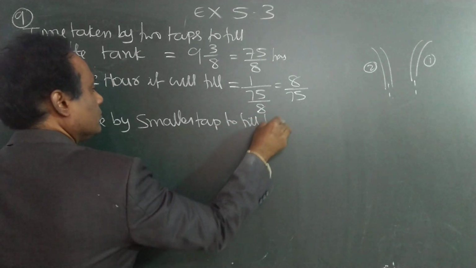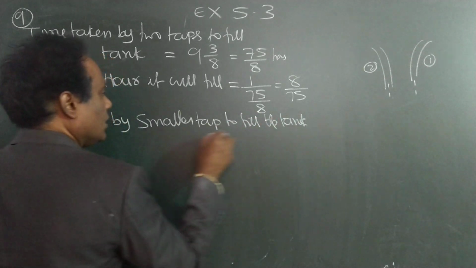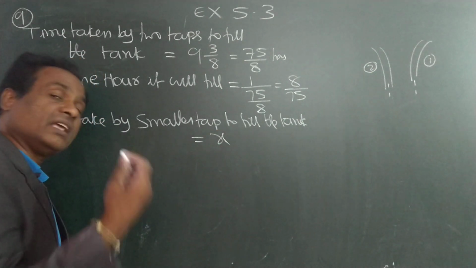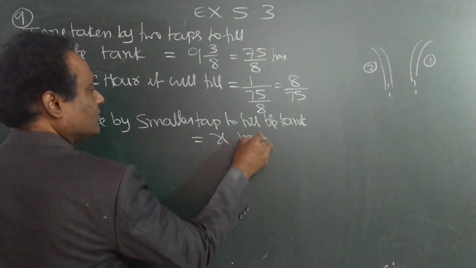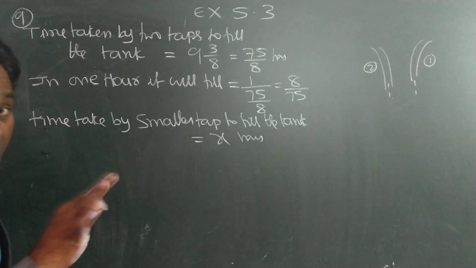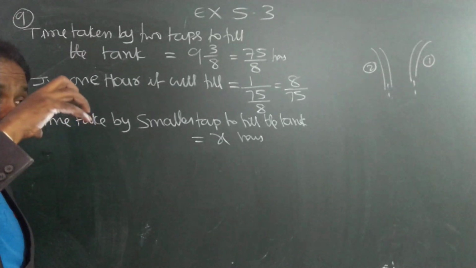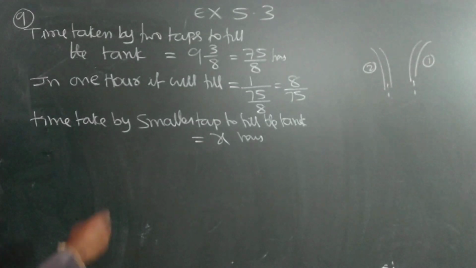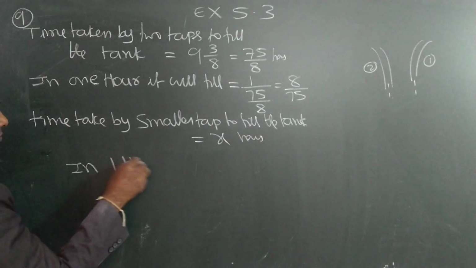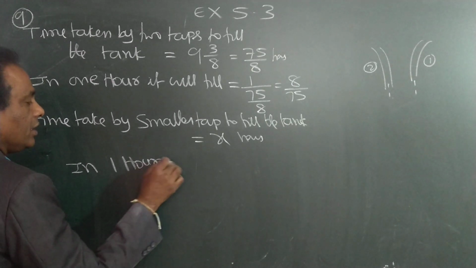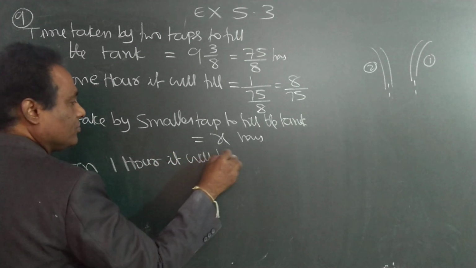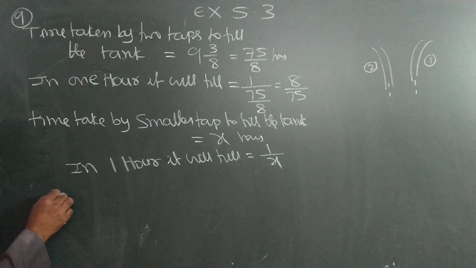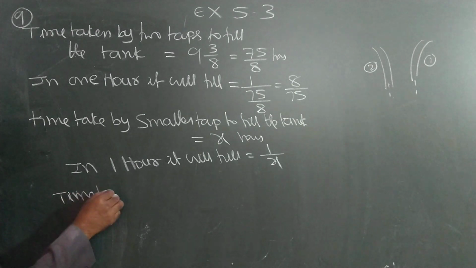Let the time taken by the smaller tap to fill the tank be x hours. If only the smaller tap is open, in 1 hour, how much will it fill? 1/x.